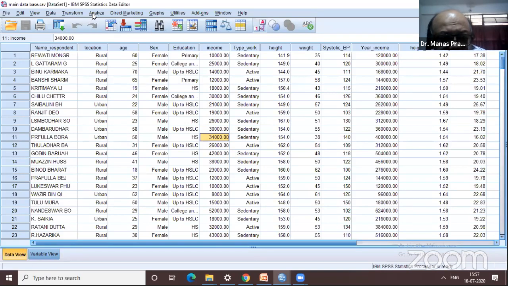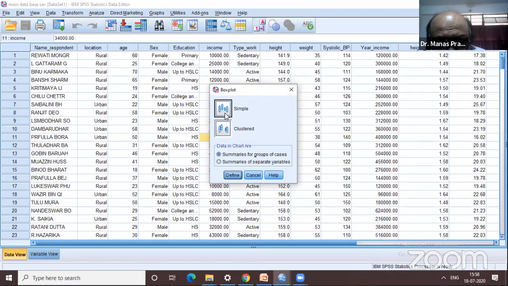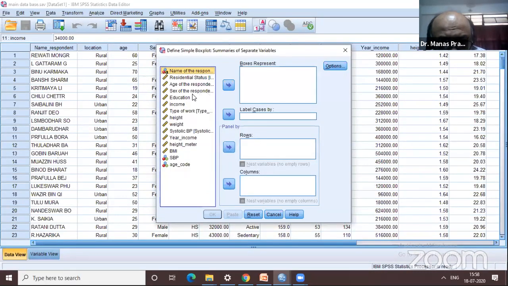For that, I have to go to Analyze, Graphs, Legacy Dialogs, then Box plot. We have a simple box plot and a clustered box plot. Now we are going to calculate it for a single box plot. Then you have to select summaries of separate variables. So select this, then Define. Then income is my variable, so select income and move it over.